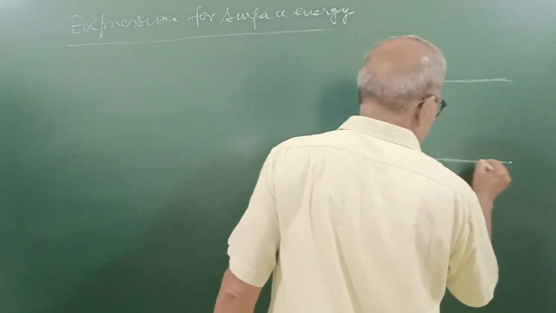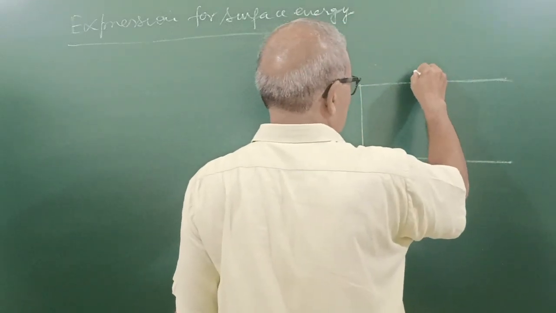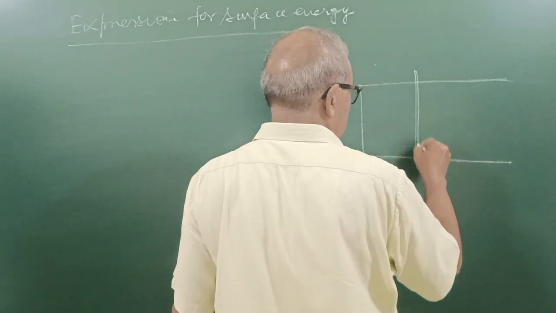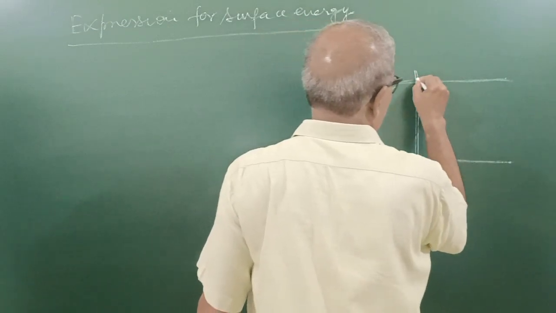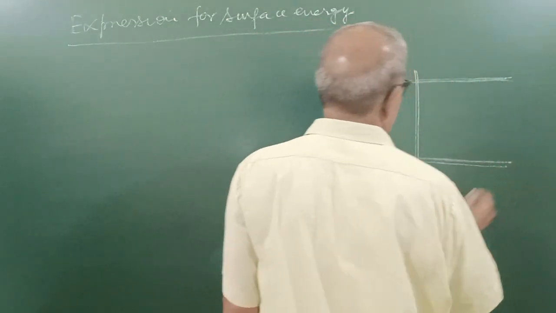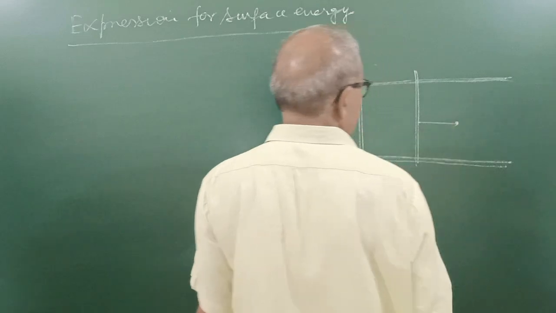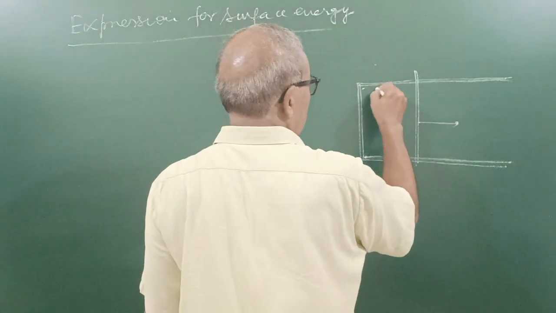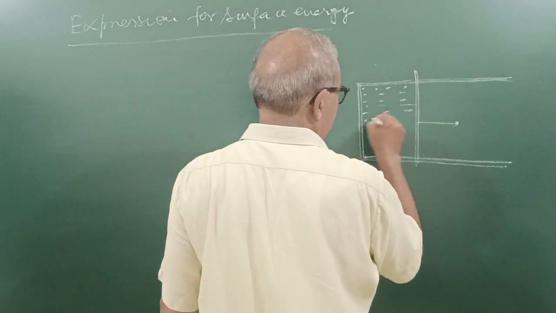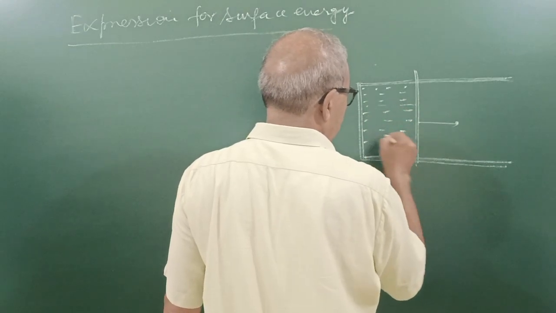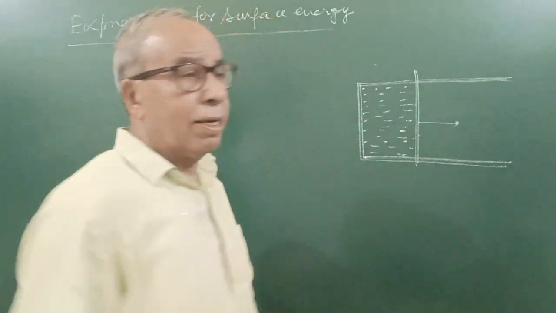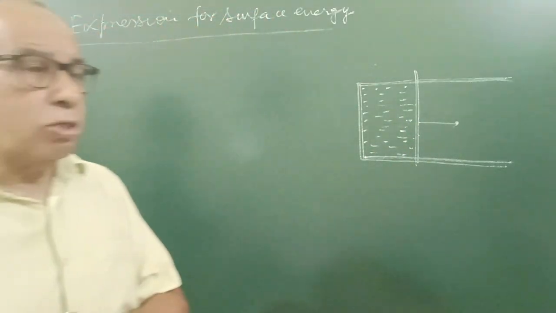On this frame, a rod which can slide over these arms can be pulled outward with constant speed. And here we obtain a thin film of liquid, like a soap bubble. You might have seen soap bubbles in soap solution.